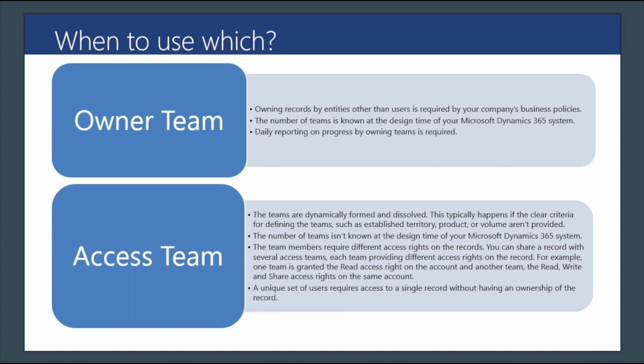Okay. It's also a good option if the members that will be working on the record require different access rights to the record. So you can have more than one access team for a given record, if maybe you have one group that needs write access and one group that only needs read access. You can have multiple access teams that have permissions to the given record.